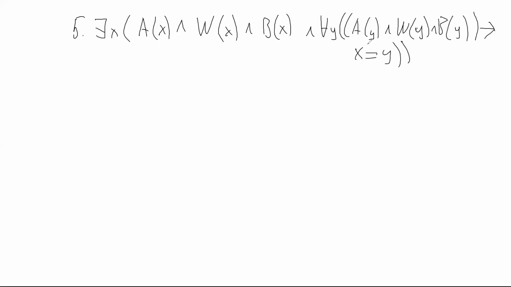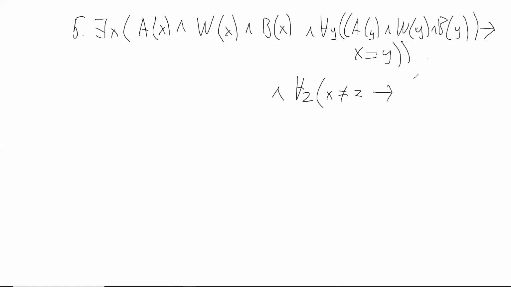And then the second bit of this English sentence says that any other creatures in the field must be wingless. So we can write that, and for all Z, if X is not equal to Z, then any other creatures in the field must be wingless.